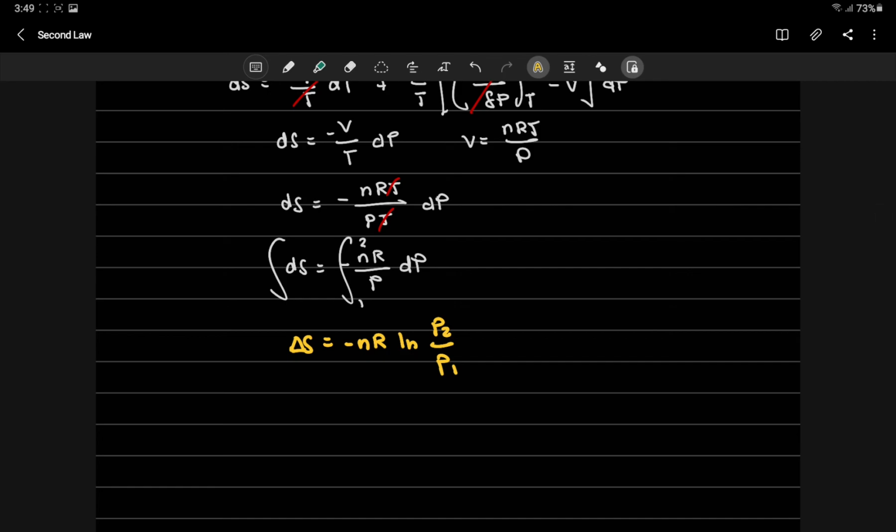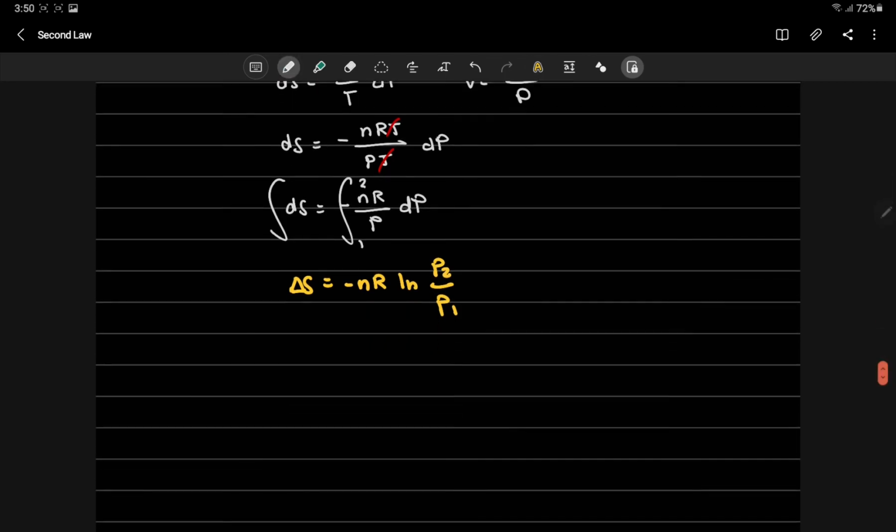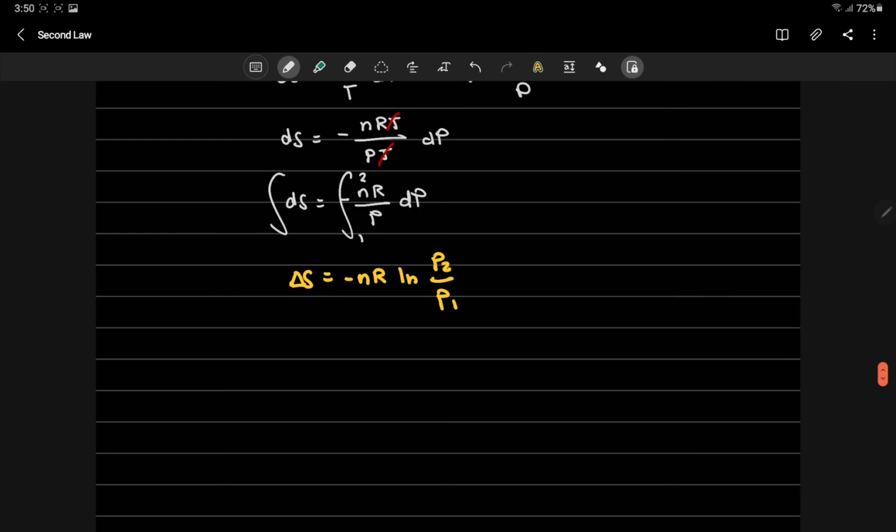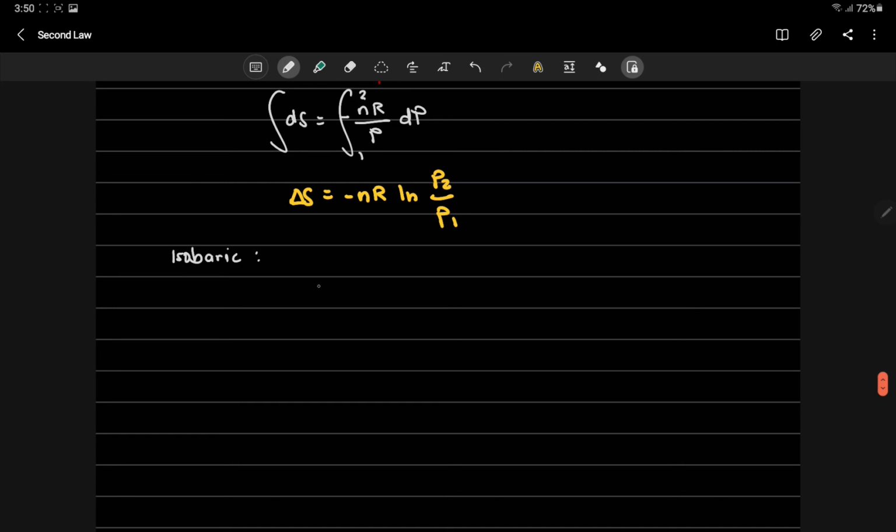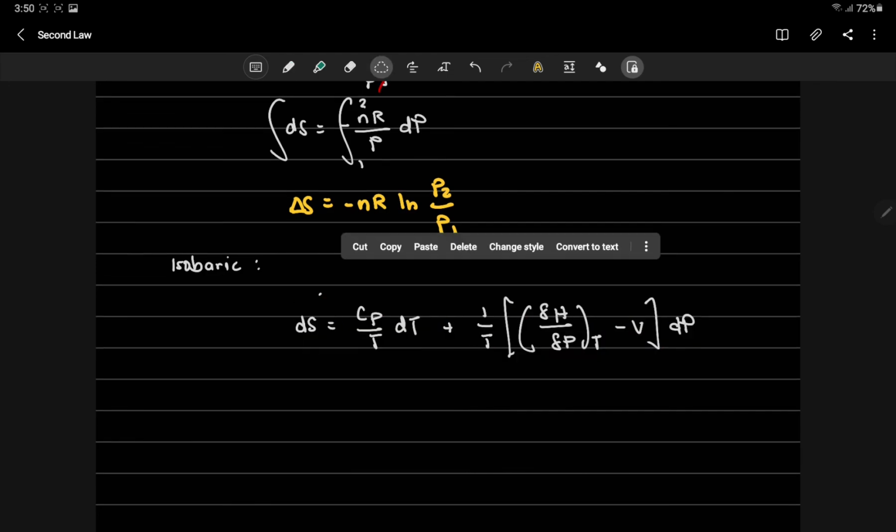Okay? Paano kapag isobaric? So kapag isobaric, wala tayong problema. Kasi whether it's a perfect gas or not, from this equation kasi, kapag isobaric siya, di ba constant pressure ang ibig sabihin nun?